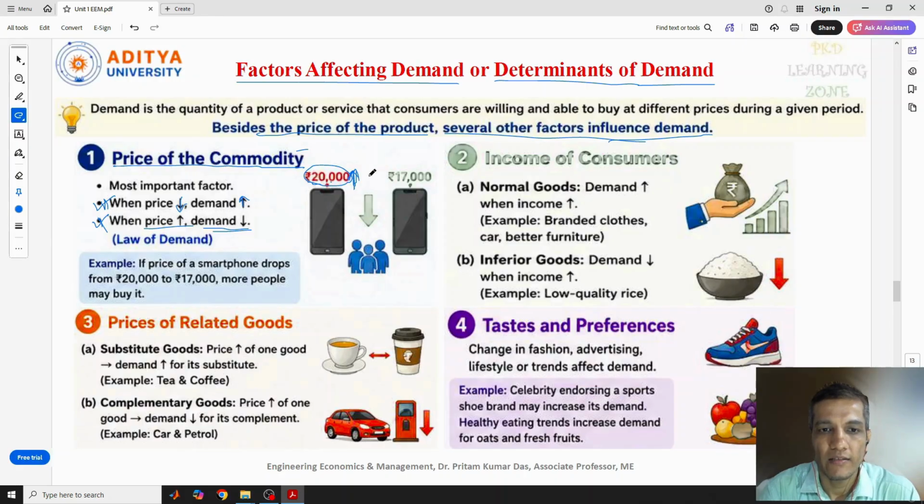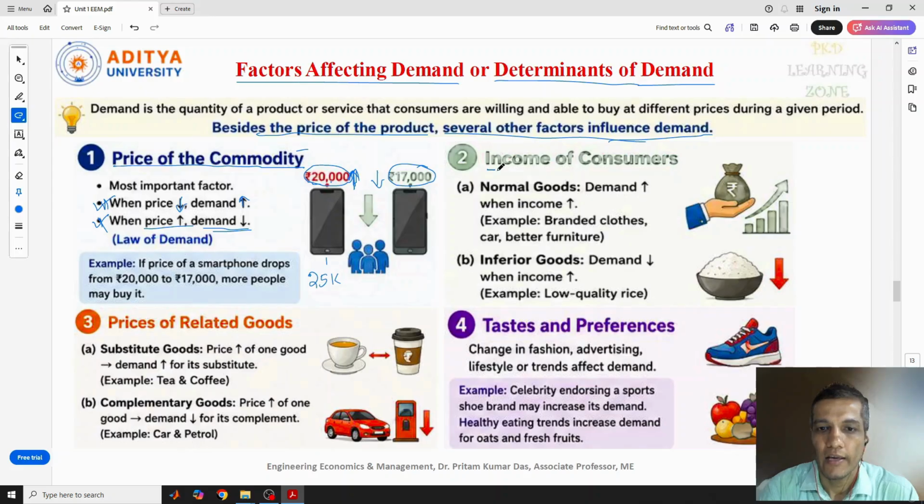But when the price of this product is decreased to 17K, then more people are expected to purchase, so demand is increased. In the same way, when the price is increased from 20K to, suppose, 25K, the demand may be less because fewer people are expected to buy that product.